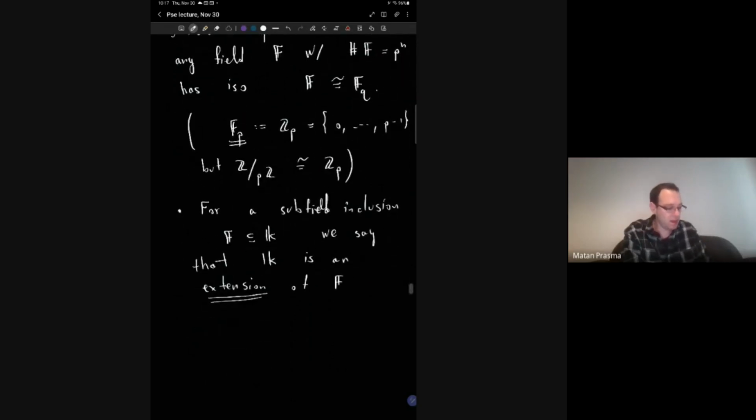And what we want, after classifying all finite fields, is to classify all finite field extensions.